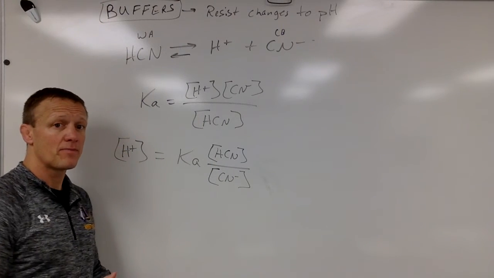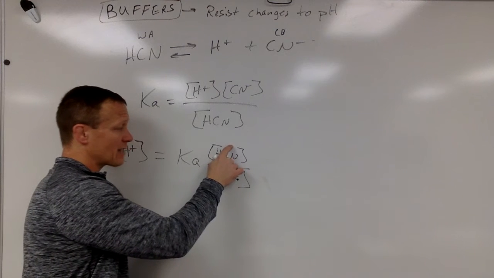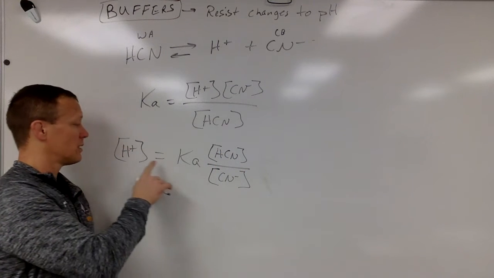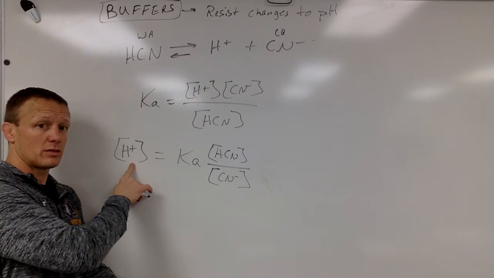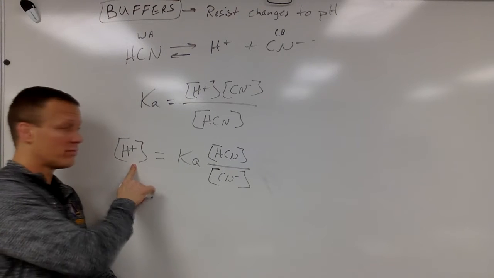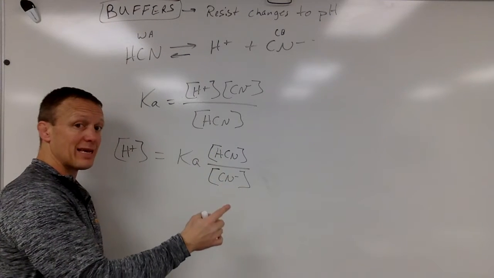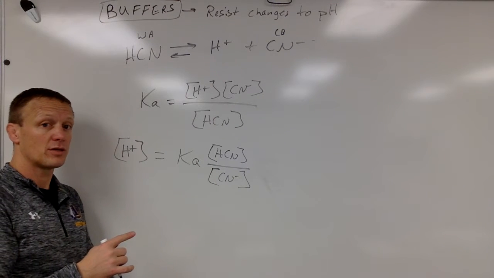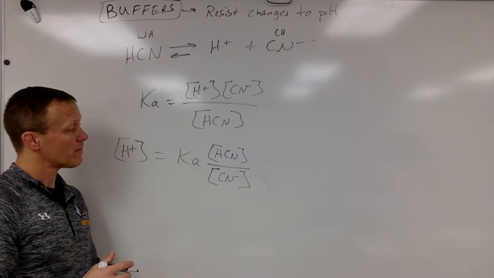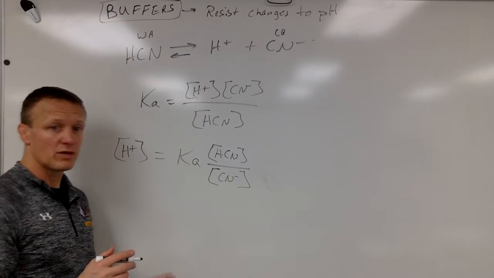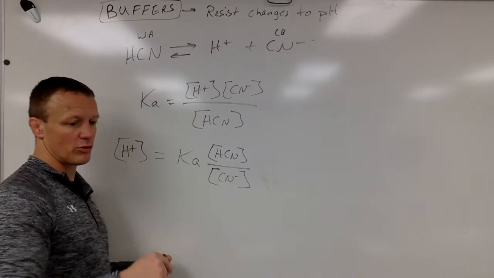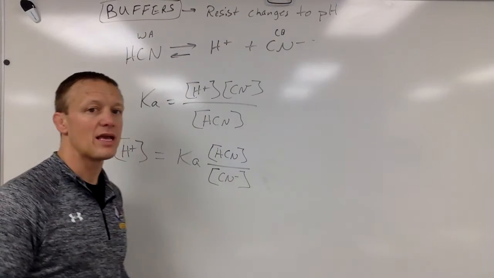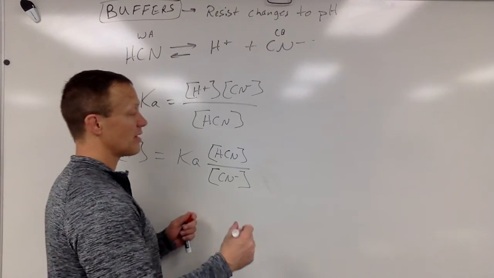Obviously, the more acid I have compared to base, the more H plus, so the lower the pH. If this is more than this, which makes sense, I have more acid than base, so it's going to have more H plus ions and a lower pH. One thing you will see on your blue sheet, this equation is on your blue sheet, but there is something called the Henderson-Hasselbalch equation on there.